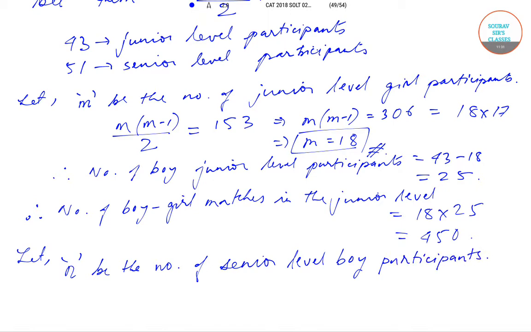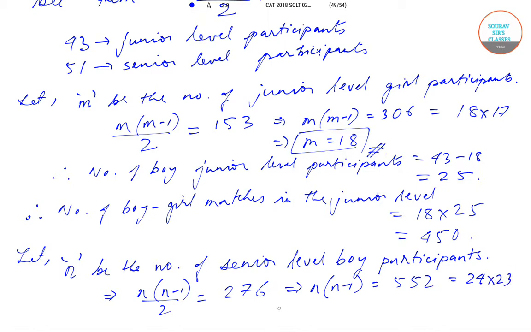Okay, so this implies that n into n minus 1 by 2, which is the number of senior level boy matches, that is equal to, we have already been given, this is equal to 276, and that implies that n into n minus 1 is equal to 276 into 2, which is 552, and which can be written as 24 into 23, and that gives us that the value of n is thereby equal to 24.